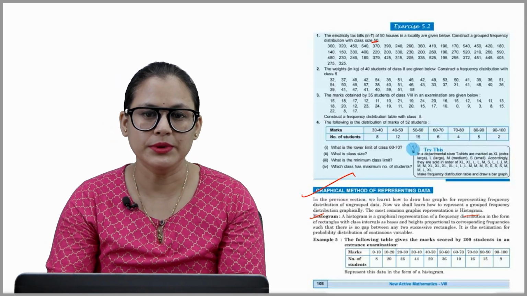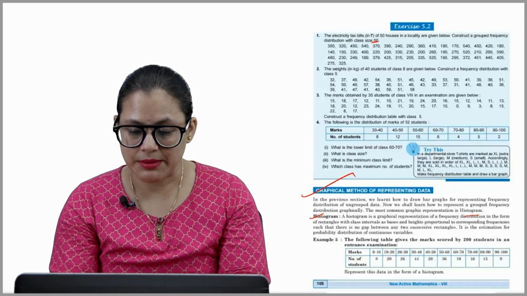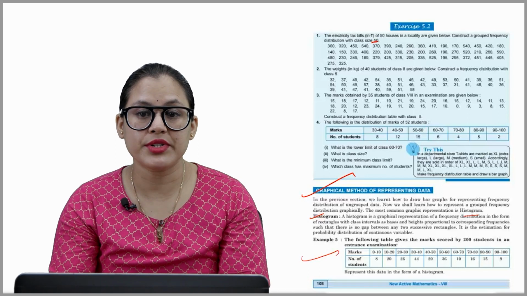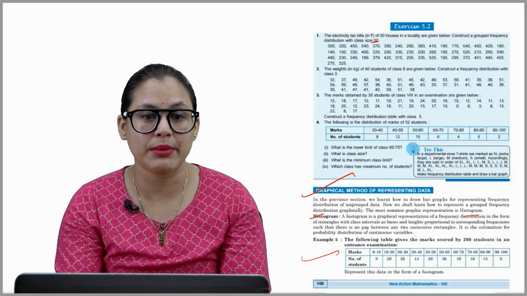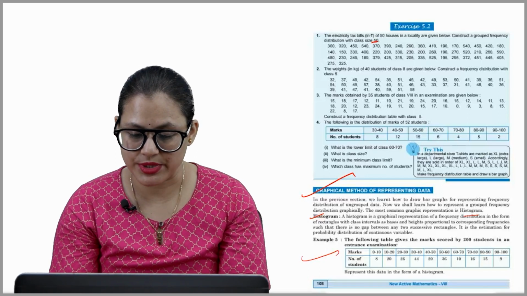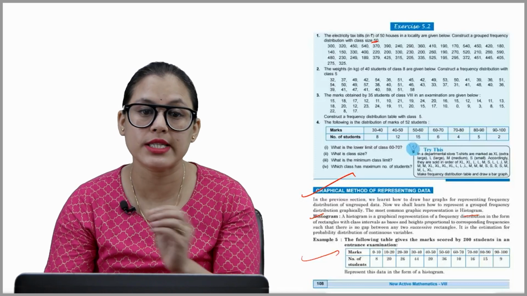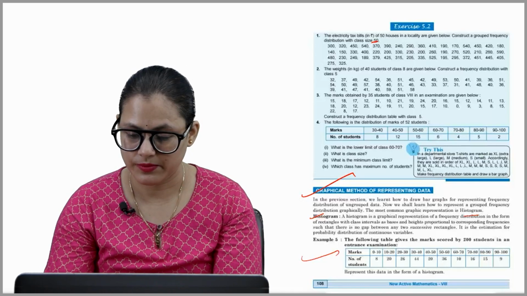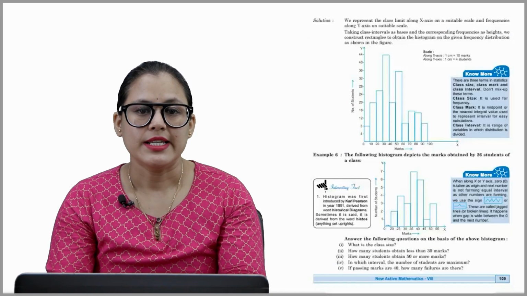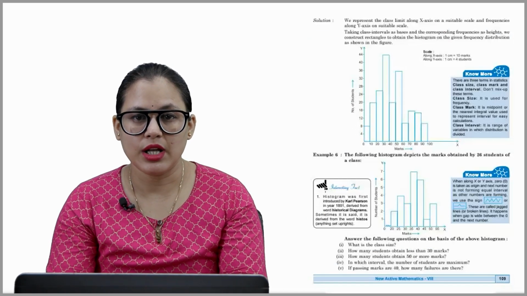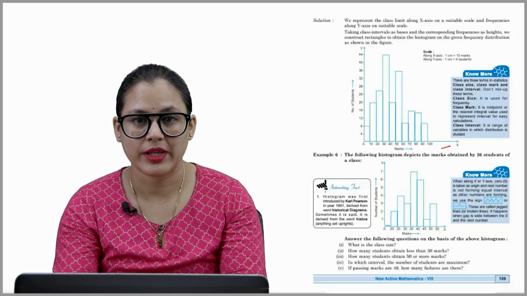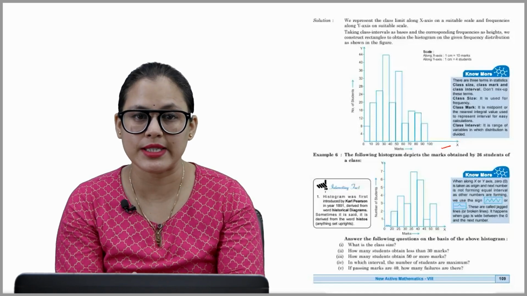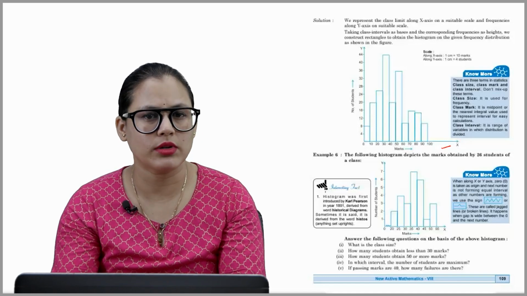For example, this table shows the marks scored by 200 students in an entrance examination. We have to represent this data in the form of a histogram. We represent the class limits along the x-axis on a suitable scale and frequencies along the y-axis on a suitable scale.